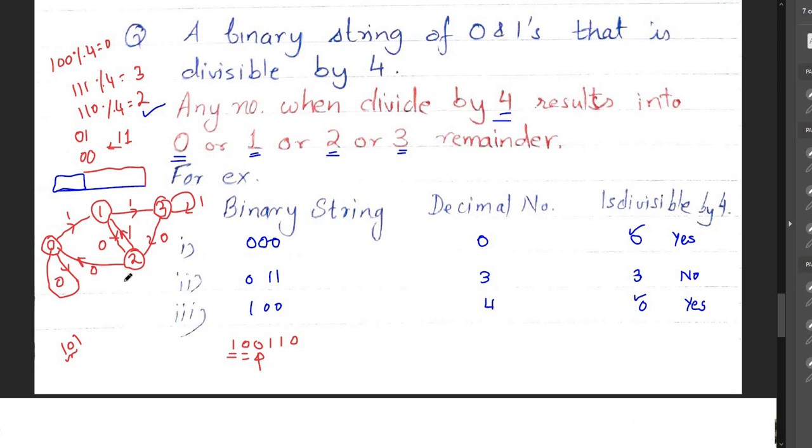In that process, I am trying to reach a particular state which tells me the remainder up to the current digit. So if I reach that current digit's remainder, and then I append one more bit, where will I reach?